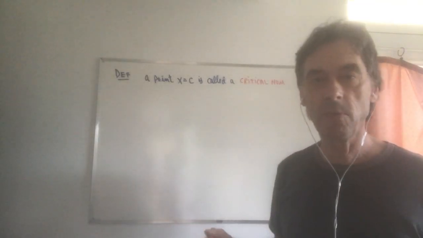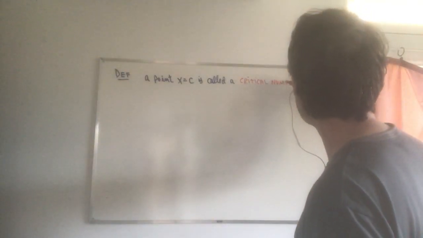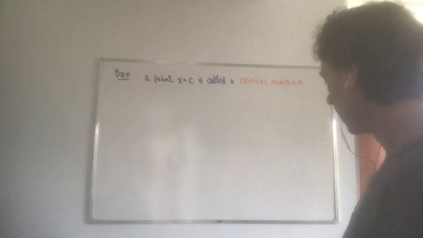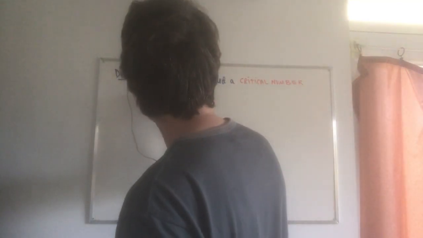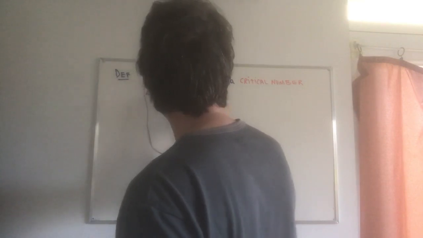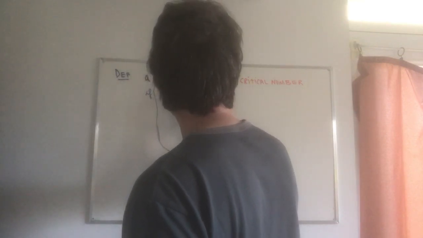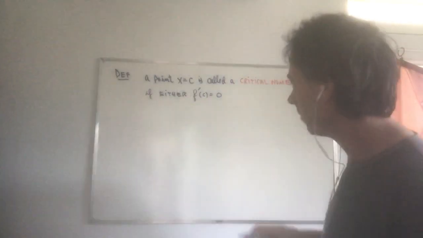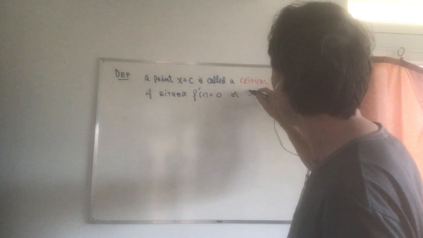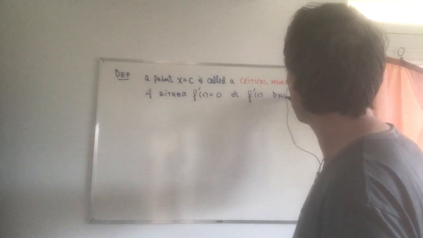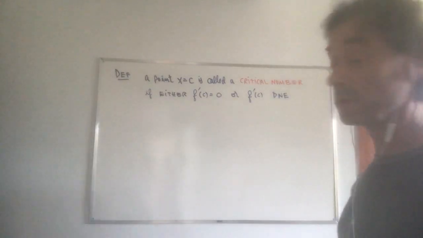Sometimes we say critical point, but critical number is perhaps a little more widely used terminology. It's called a critical number if either f prime at c equals 0 or f prime at c does not exist.